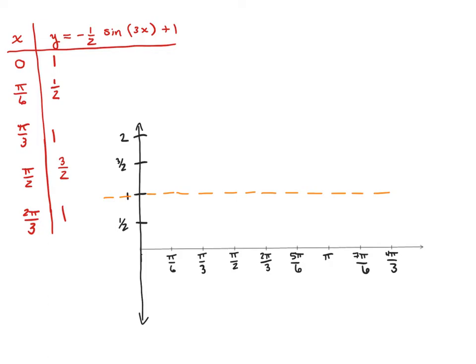And we start on the line of oscillation, and this time we descend from our line of oscillation because of that negative in front of the sine function. And so therefore, we're down to 1/2, and then we're to our line of oscillation, and up and back. And then we continue the pattern.